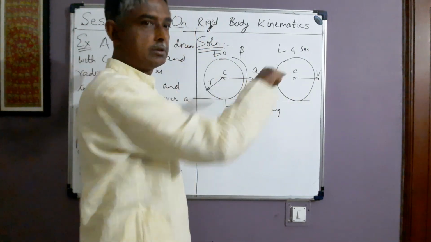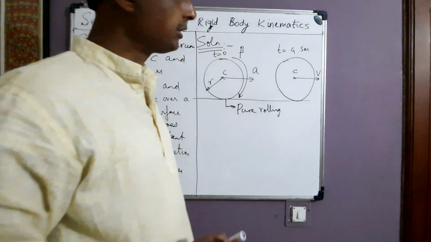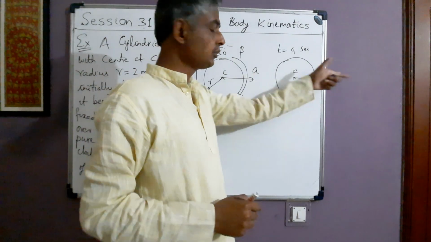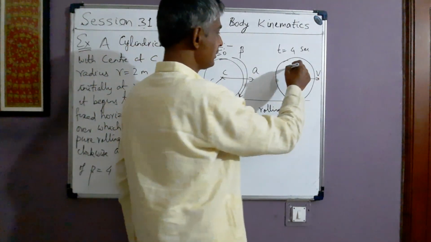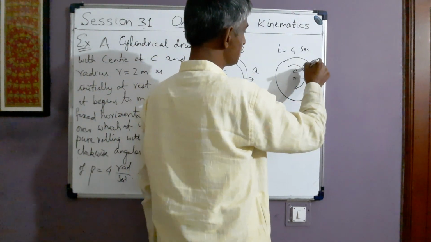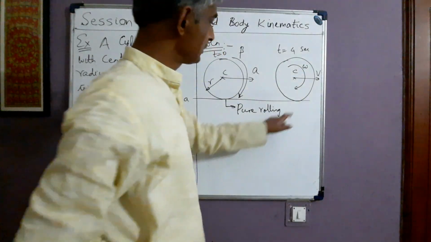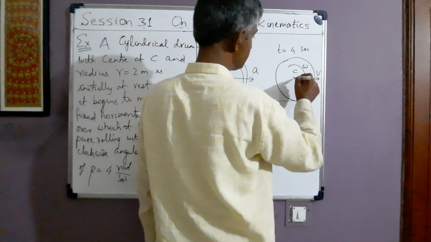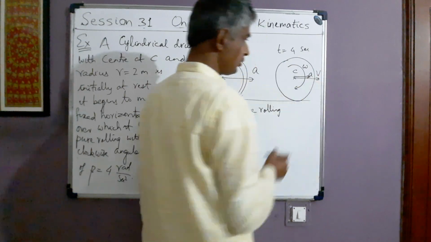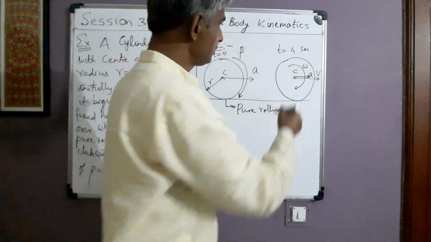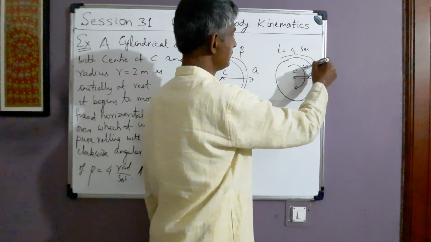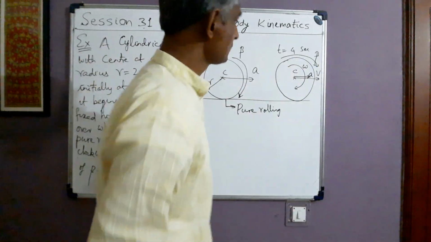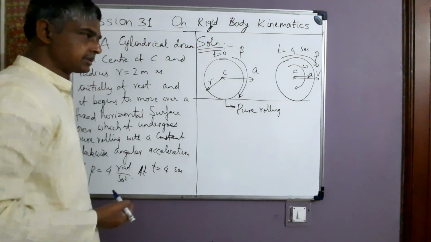Since acceleration is rightward and initially the center was at rest, at 4 seconds the center is moving towards the right at a speed v. It has also gained some clockwise angular speed omega. Omega should be clockwise because here it is undergoing pure rolling. And acceleration of center is again a, because I'll explain it just now. And the angular acceleration of the cylinder is beta, constant, 4 radian per second square.